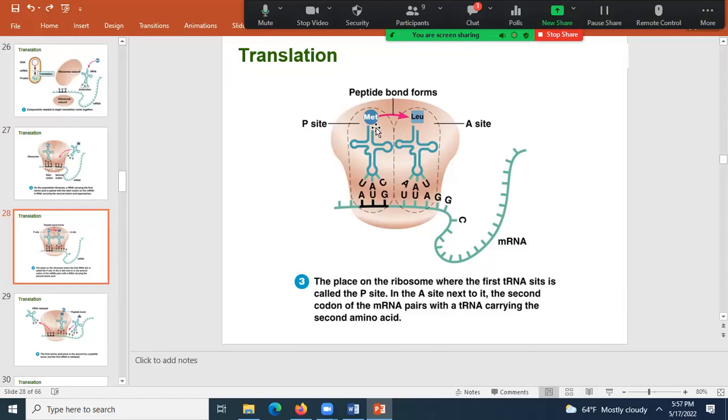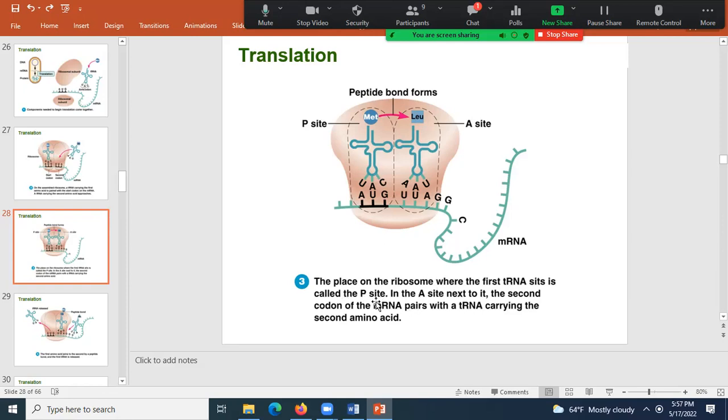It's part of the RNA of the ribosome. And this is the only enzyme we'll ever discuss which is RNA. The amino acid on the first tRNA is removed, and it is bound to the second amino acid, which is still bound to the second tRNA.